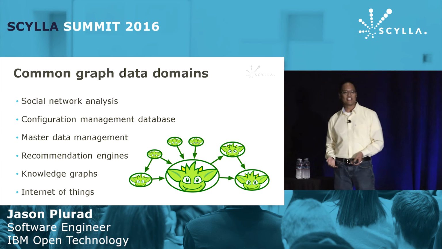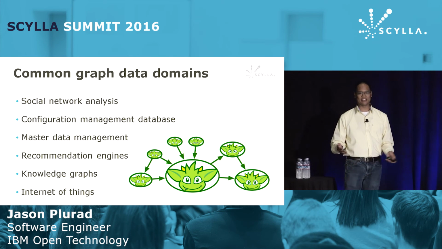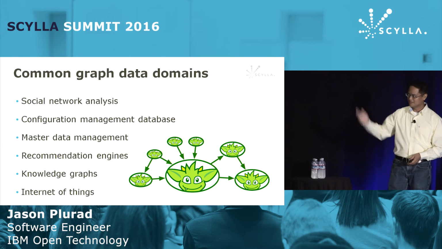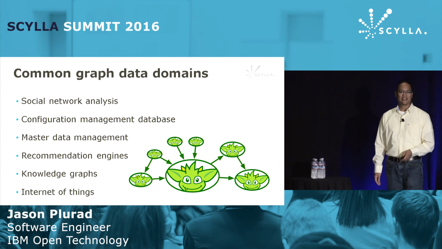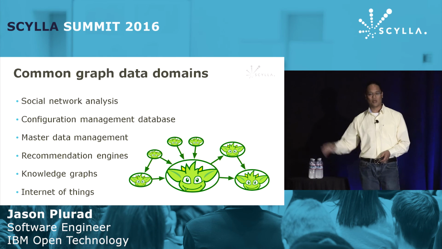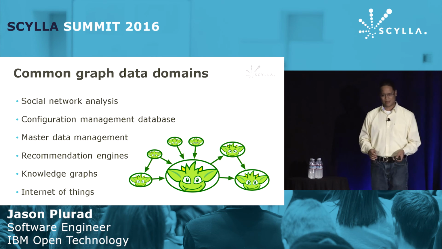Before I joined the Open Technology Group, I worked on a product called TADM, Application Dependency Management. And it was a configuration management database. And basically, it was just trying to understand your application infrastructure. So that way, if, let's say, a web server goes down, how does that impact your business application?